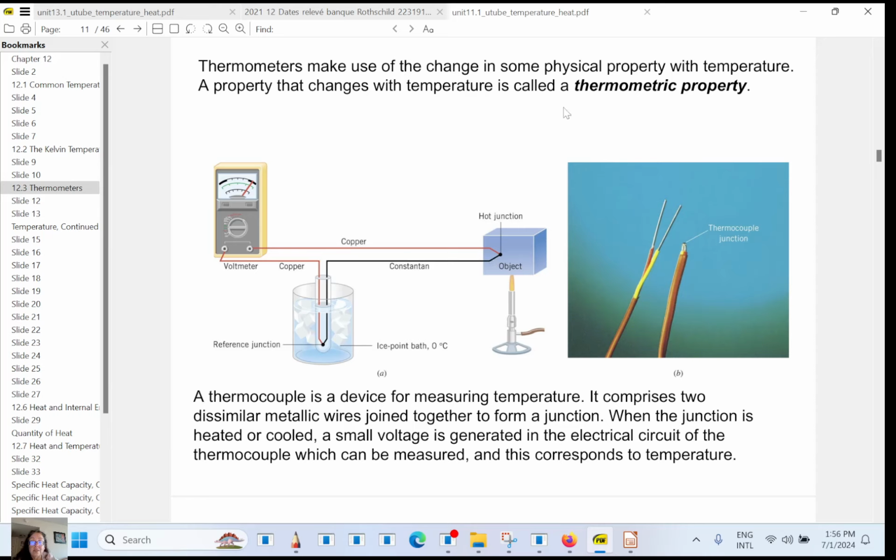It's very easy to read a sensor, for example, so you are going to use such a device. The temperature depends on the voltage between these two metals.